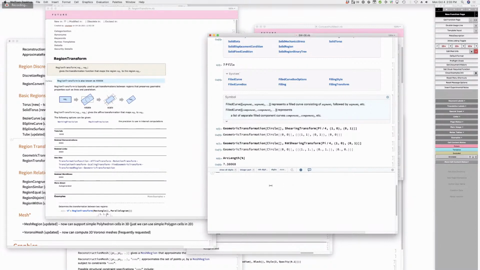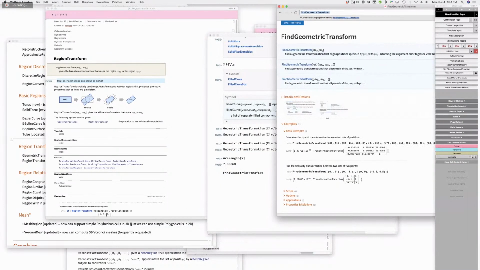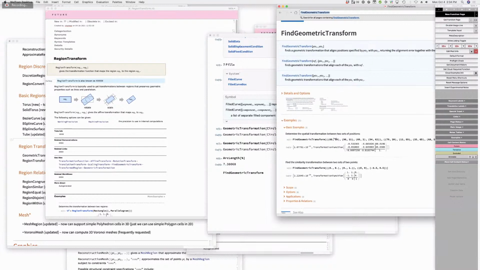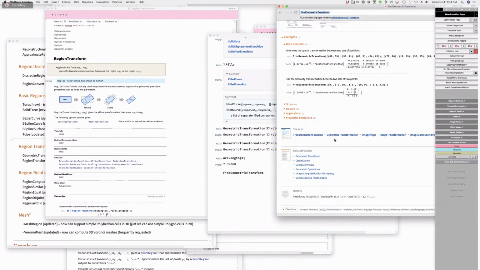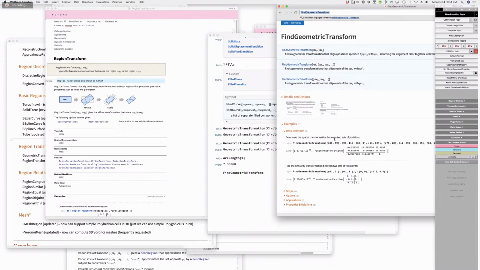Doesn't find geometric transform already take graphics primitives or something like that? No, but that's a good point. Find geometric transform does more of a fitting problem than actually finding the transformation. Find region transform gives you the actual transformation, or at least one of them, between two regions, where this one does a fitting.